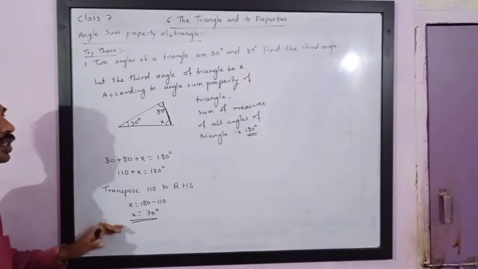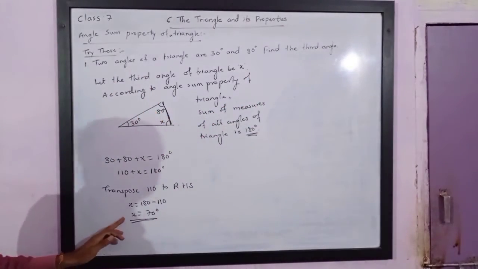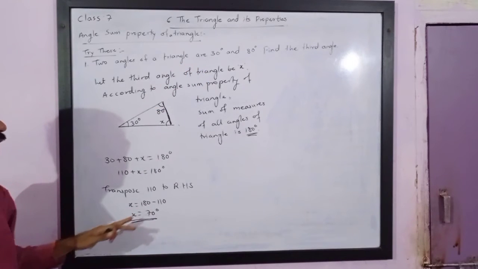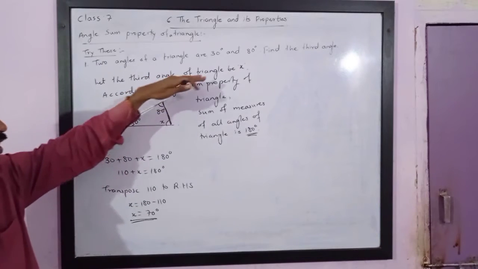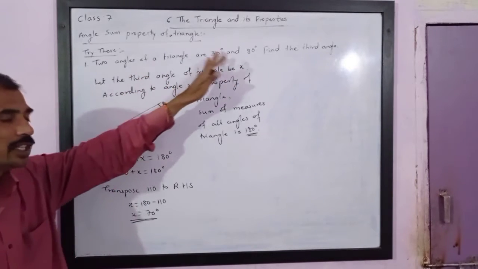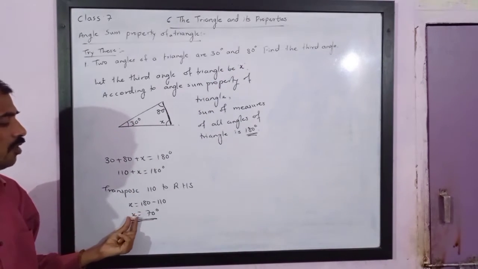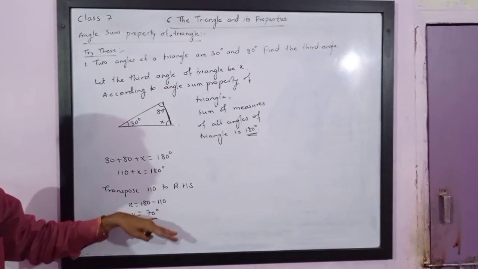So please note the question. We are asked to find the third angle. This x has nothing to do with our question. We have found x because we needed some method to solve. X was nowhere mentioned in the question. So don't keep the answer like this. The method of solving is something like this.